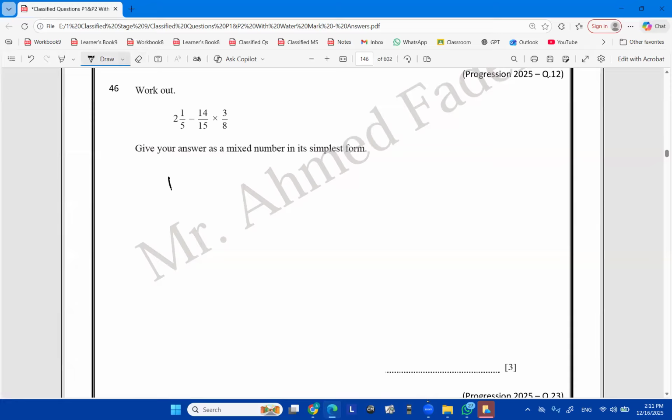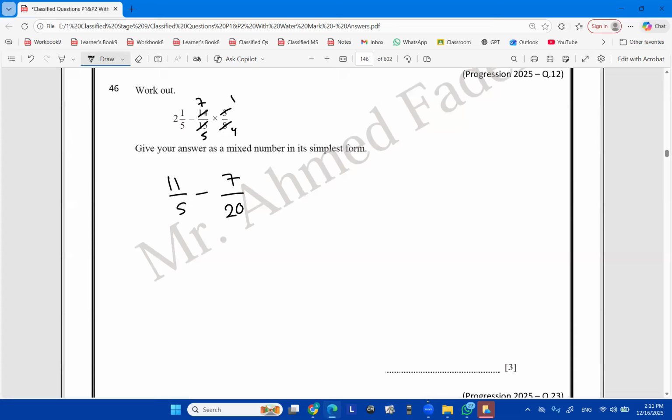It's going to become 11 over 5 minus. Can I simplify first? Yes, definitely. You must simplify first before multiplying, as we agreed. Dividing by 3 is 1. Dividing by 3 is 5. Dividing by 2 is 4. Dividing by 2 is 7. So it is going to become 7 over 20.